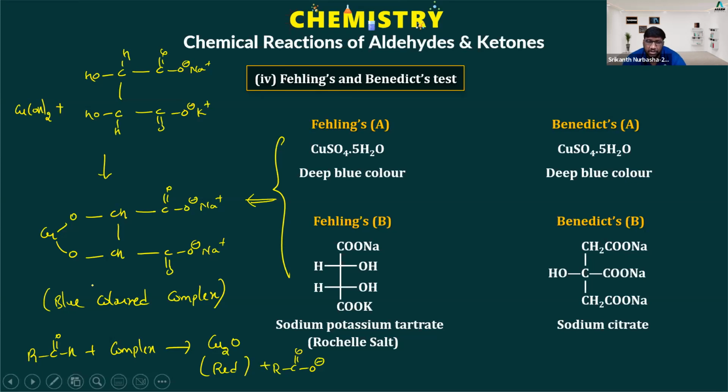So RC double bond OH will be converted into RC double bond O minus, and Cu2O is going to be released. So these are the reactions. I have written the complex for the respective Fehling's solution. Similarly, a different blue colored complex is formed with Benedict's. This deep blue complex will also react with aliphatic aldehydes to convert them to the respective carboxylates, and Cu2O is released, which is a reddish brown precipitate.